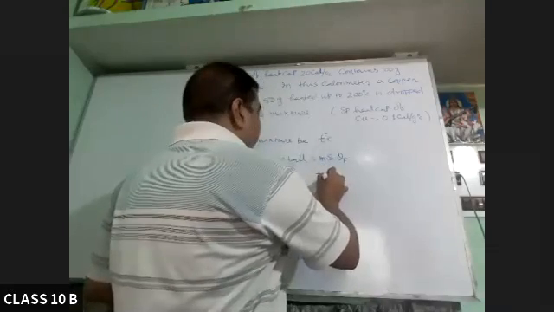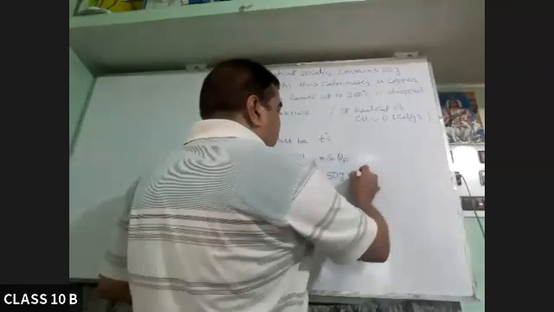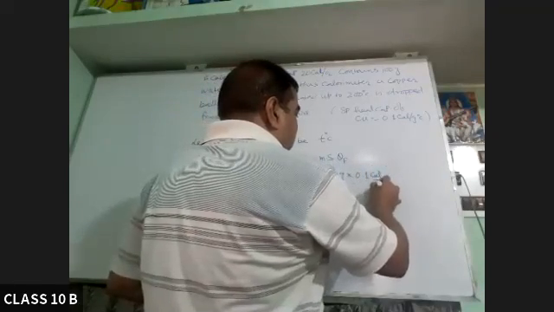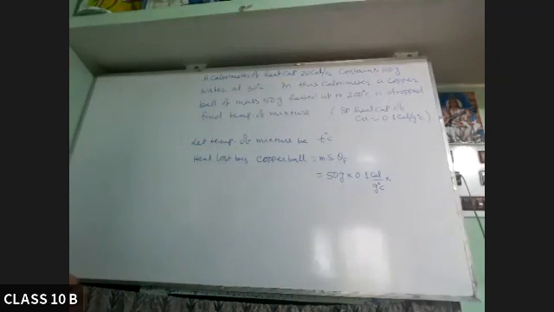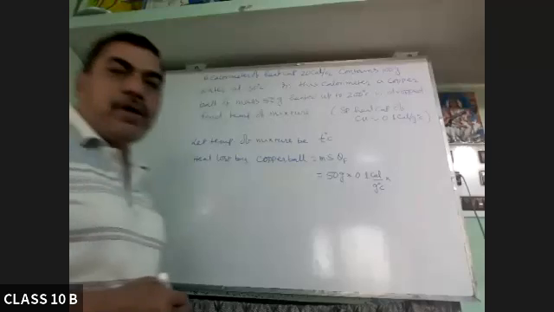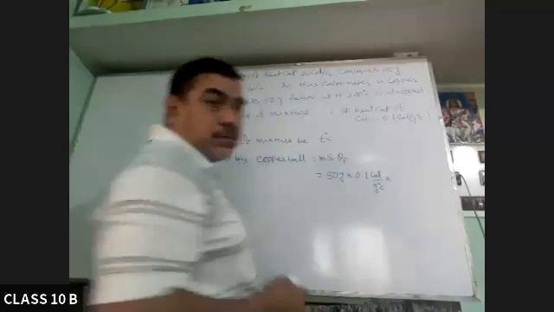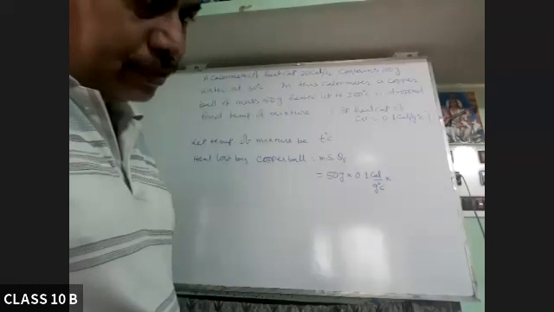So mass is 50 gram, specific heat capacity 0.1 calorie per gram degree Celsius. And what will be the fall in temperature?